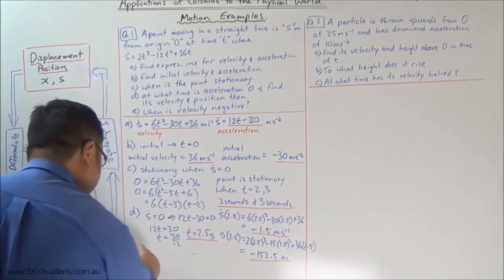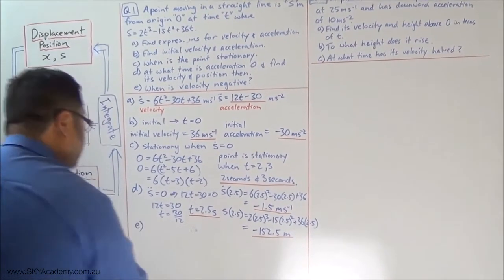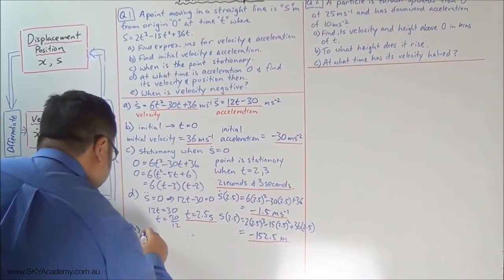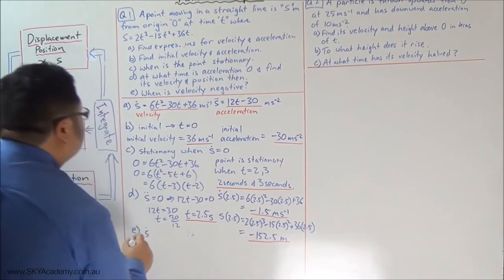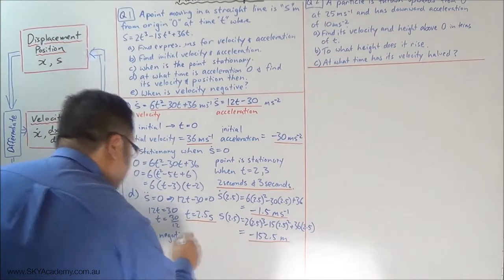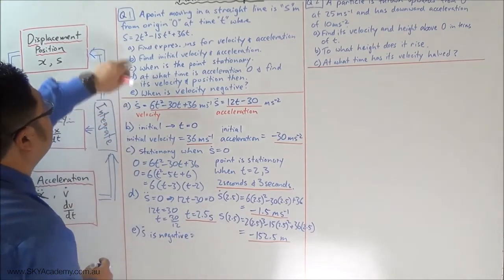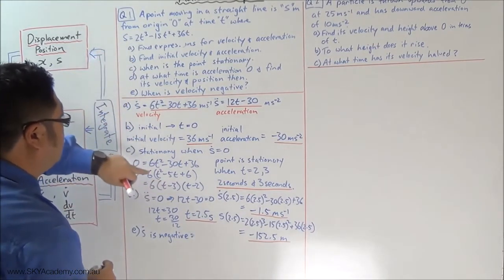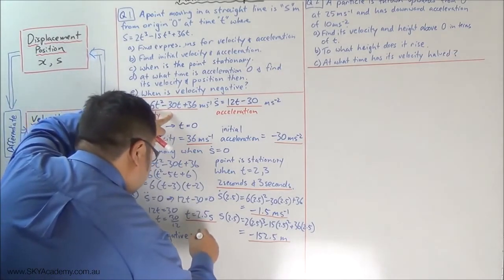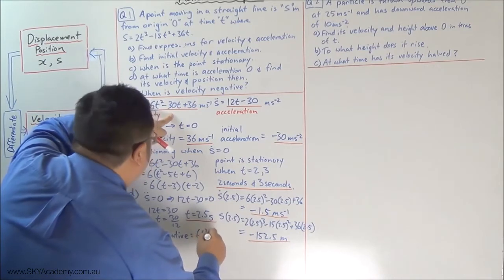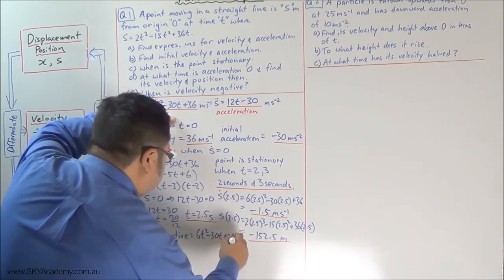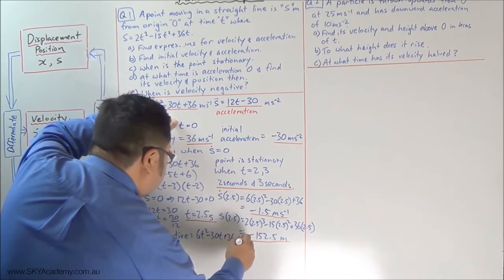So part E, basically, velocity, which is s dot, is negative when you've got that equation there, 6t squared minus 30t plus 36 is less than 0.